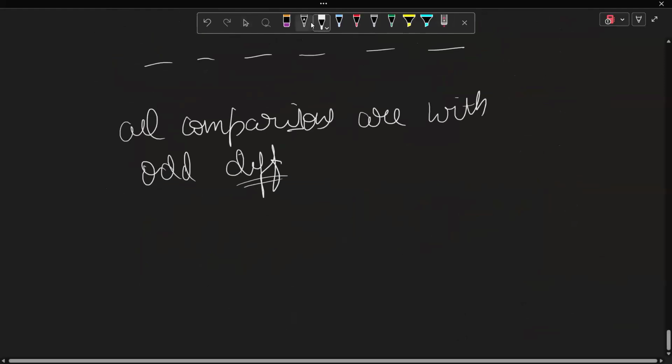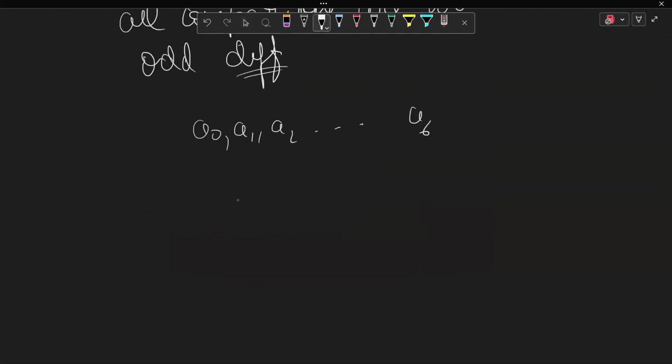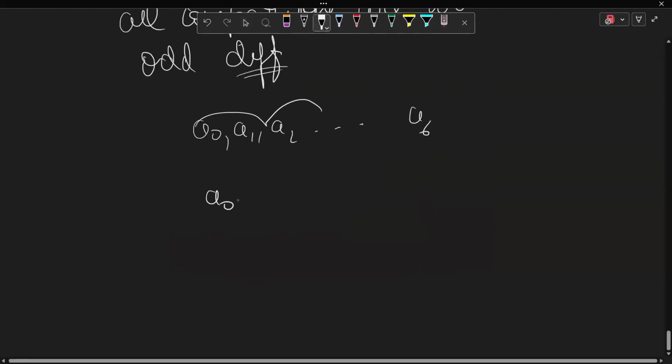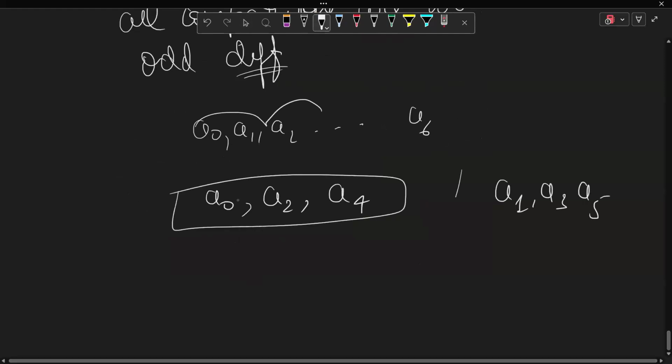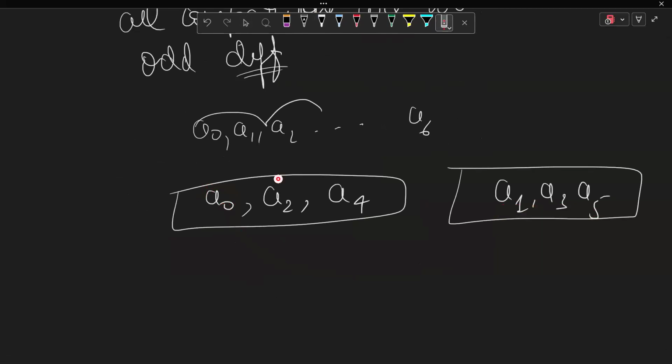So here, if you have A0, A1 up till A6, then just group them into two parts, even indexes in one part. So A0, A2, A4, and A1, A3, A5. So the condition is that any element of this group should not be equal to any element of this group. That's what the condition is.